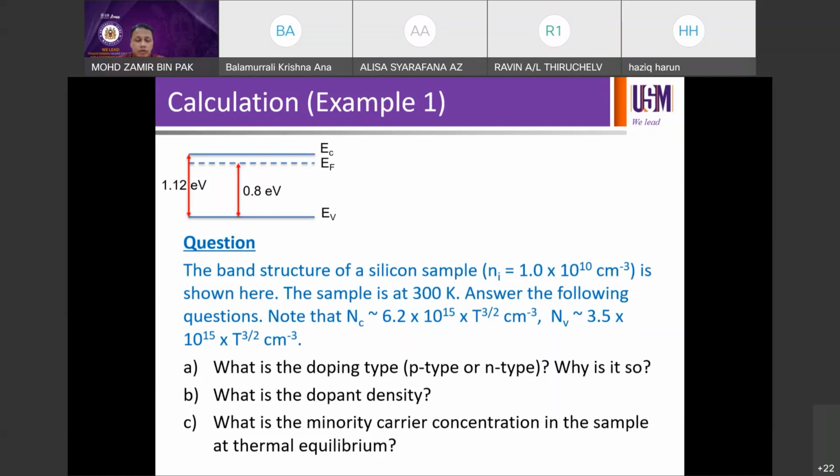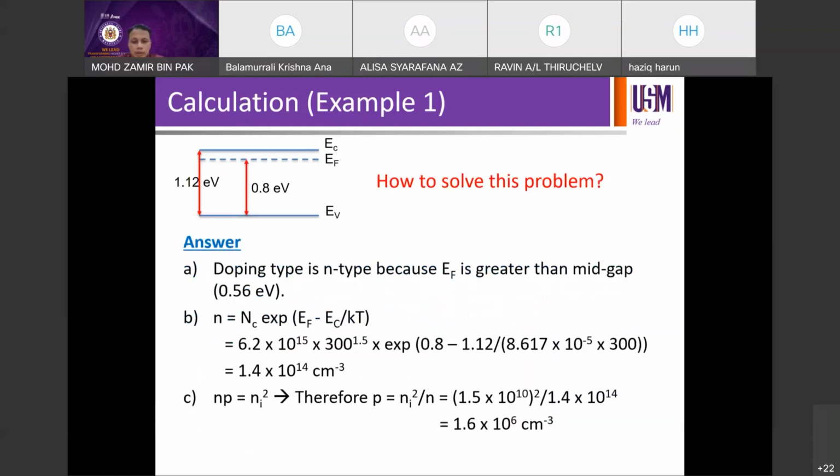How do you determine the minority then? Okay, we learn. What is this equation called? Equation number 3, which I'm showing you on the answer. To determine the minority carriers once you know the majority carriers, what is this equation called?